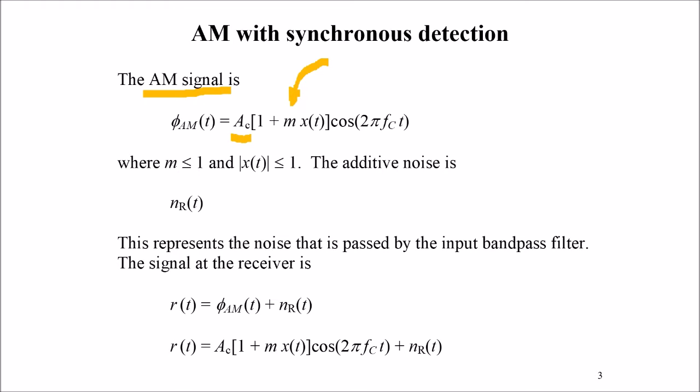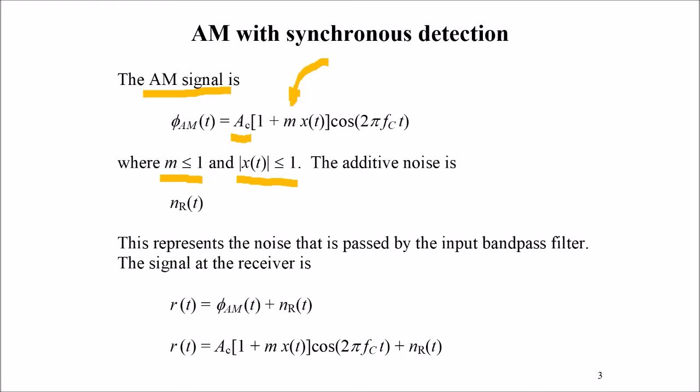X of t is the message signal, and the constraints on these two terms: the absolute value of the message signal is at most 1. So our message signal lies between -1 and +1, and the index of modulation is somewhere between 0 and 1.